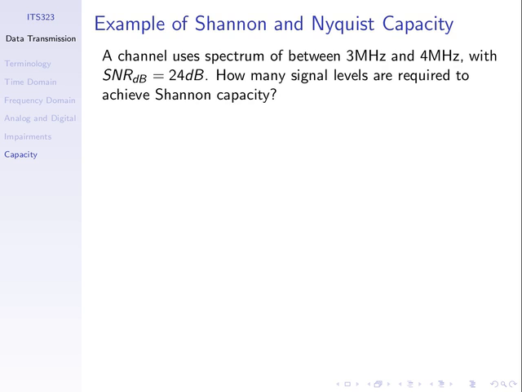In practice, signals contain multiple components or are continuous in the frequency domain. So a measured level of the signal that passes through this channel may look like this. It ranges from 3 megahertz up to 4 megahertz. So from that we know the bandwidth. The bandwidth is what? 1 megahertz. The width between here and here.